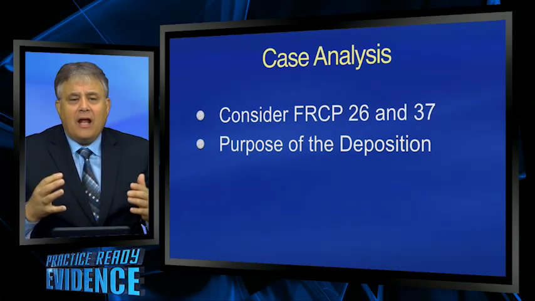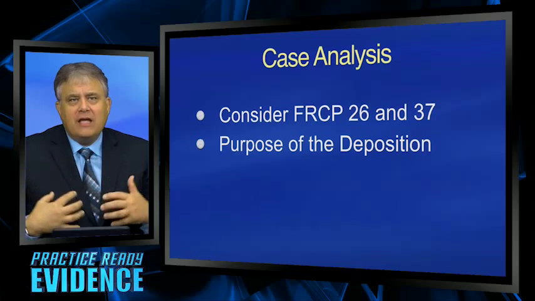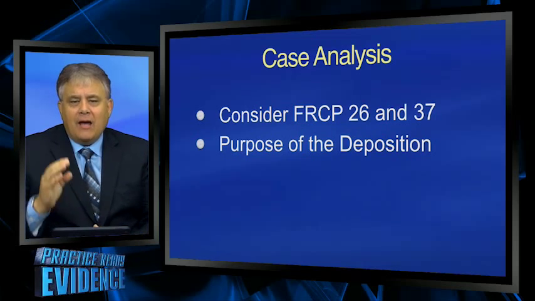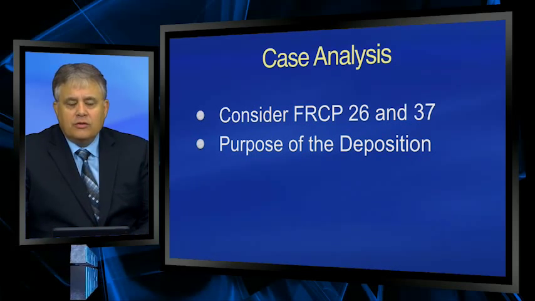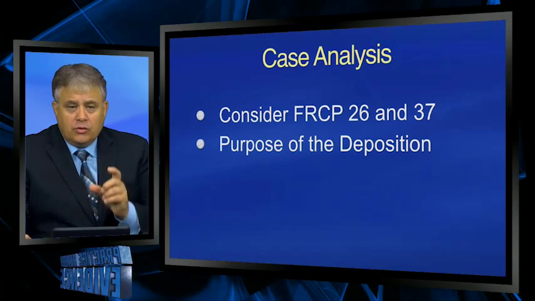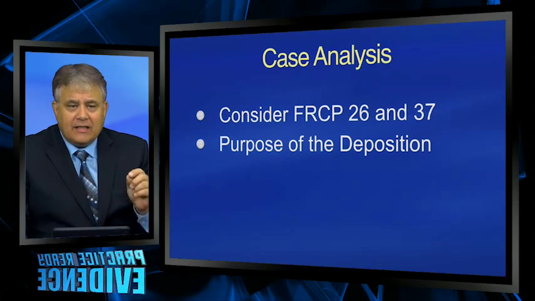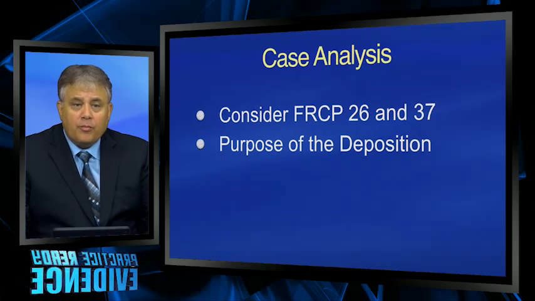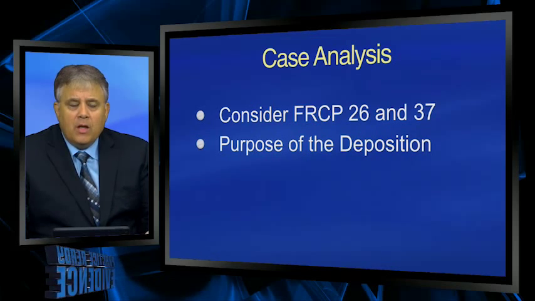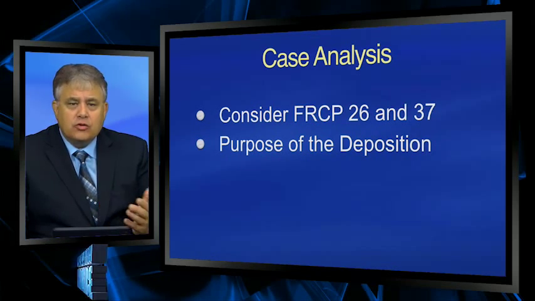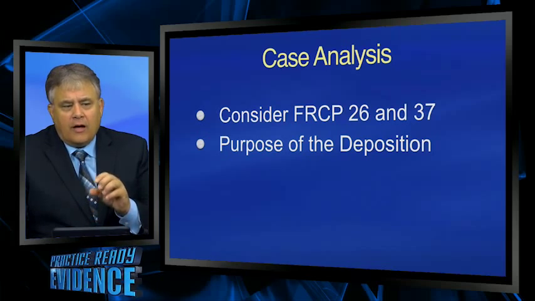If, on the other hand, I'm just deposing for the sake of deposing, I am opening the door to allowing that expert to repair any mistakes that they made in their expert report. That's really what I'm doing. And that's what Federal Rule of Civil Procedure 26 and 37 are designed to do.